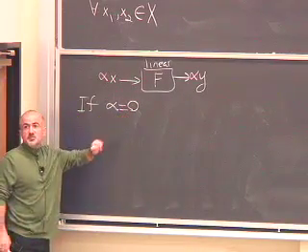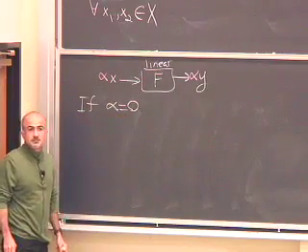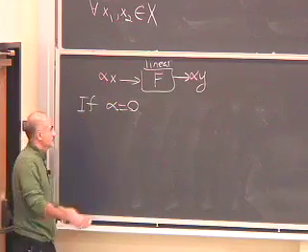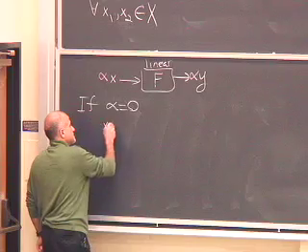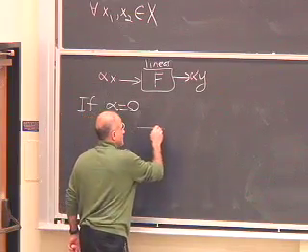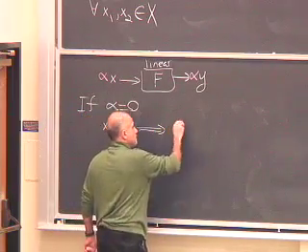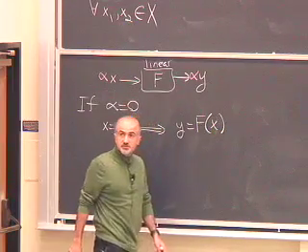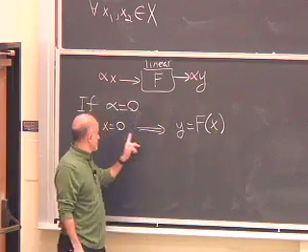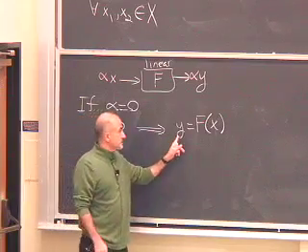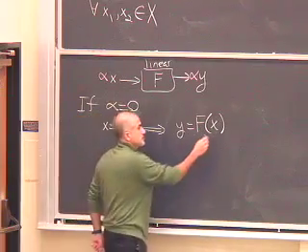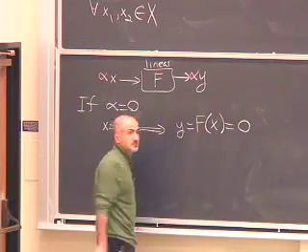If you pick alpha to be 0, what does this mean? What does that make the input signal? 0. So if x is 0, then y, which is a function of x, again we're talking about a signal in its entirety, then the output must be 0.